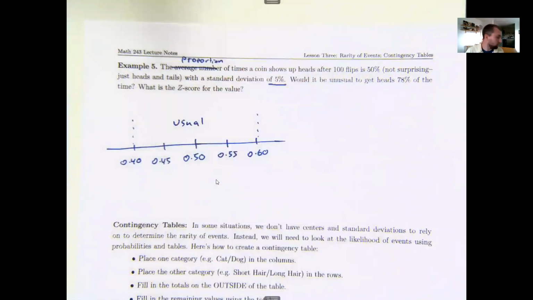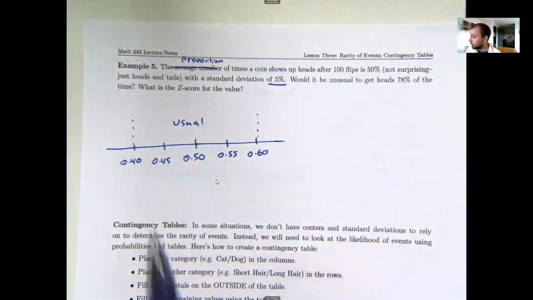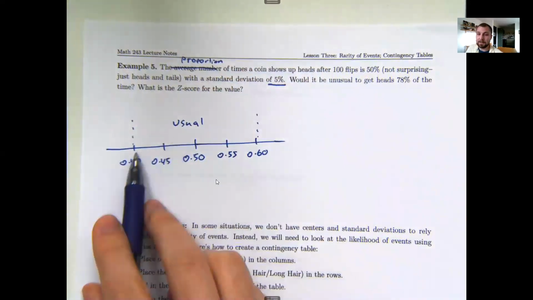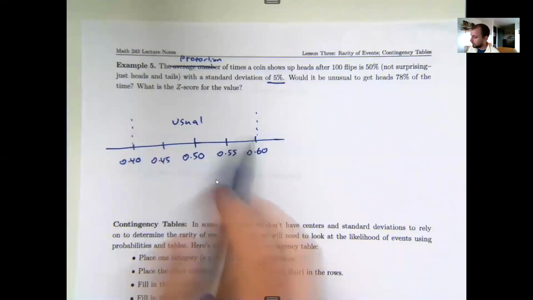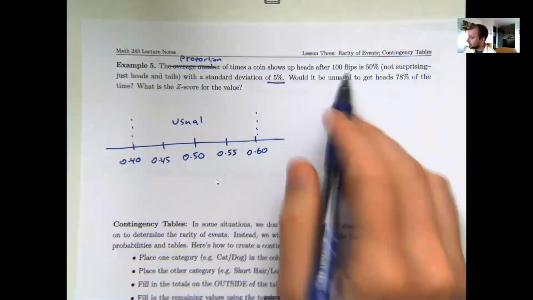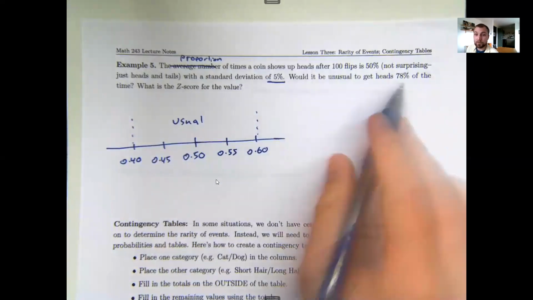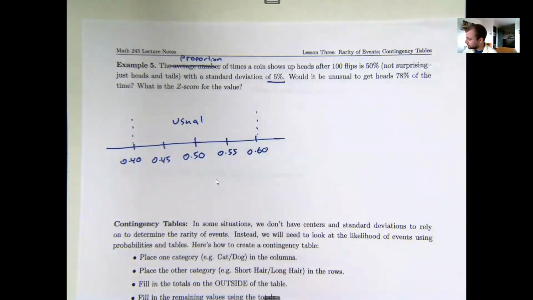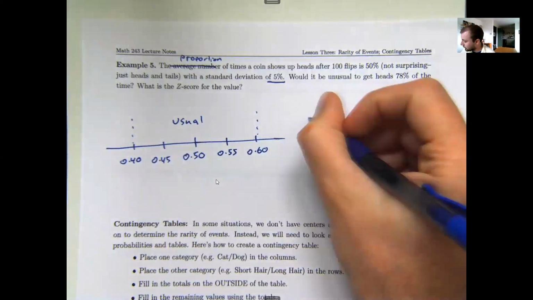This is actually a true fact. If you flip a coin 100 times, I would anticipate, usually about 95% of the time, people will get between 40% heads and 60% heads. So let's say someone ended up getting heads 78%. Would you be surprised by that? Well, let's check. Let's find the z-score.